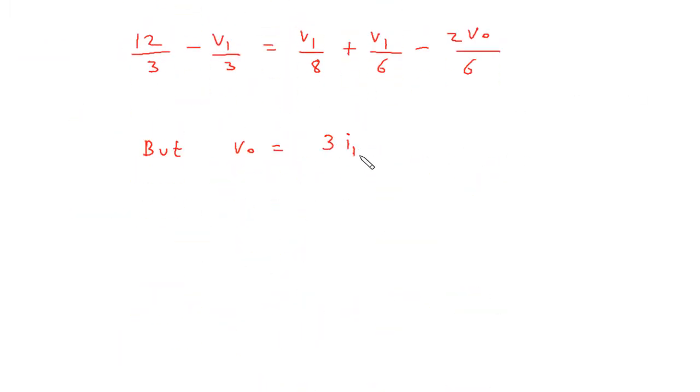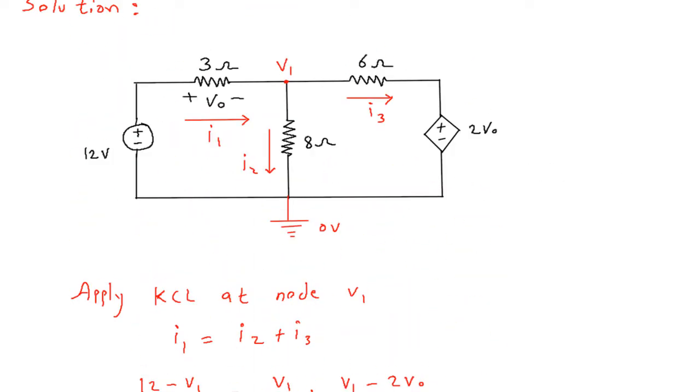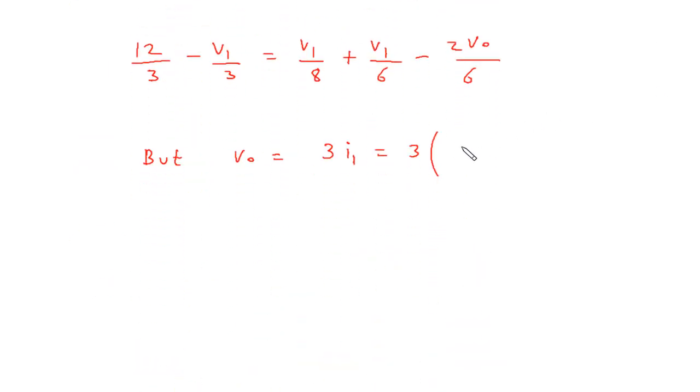So 3 into I1, where I1 is (12 minus V1) by 3. So VO is equal to 12 minus V1.